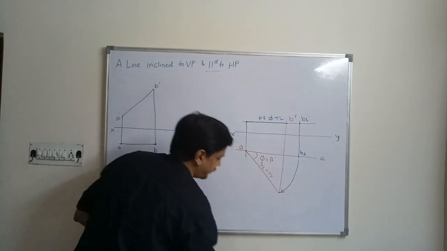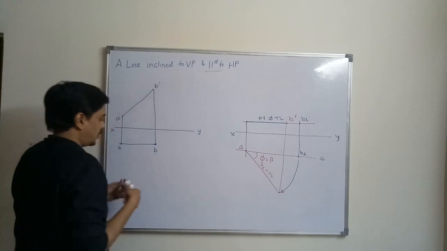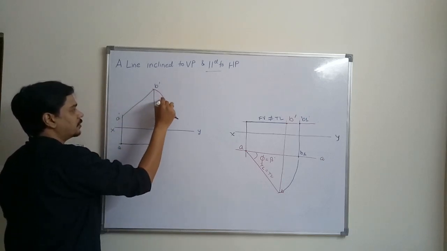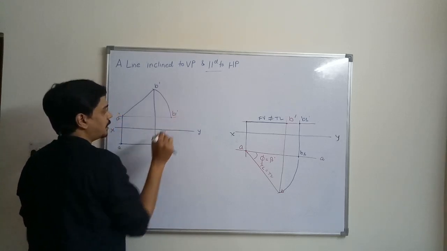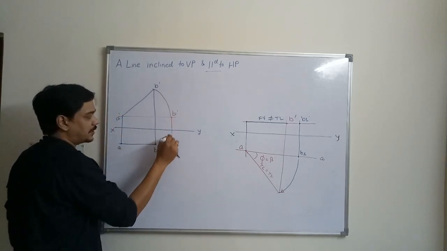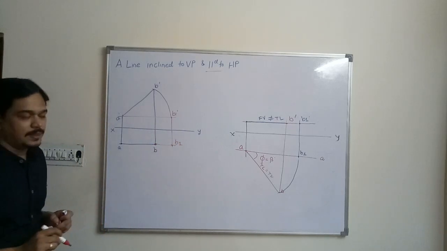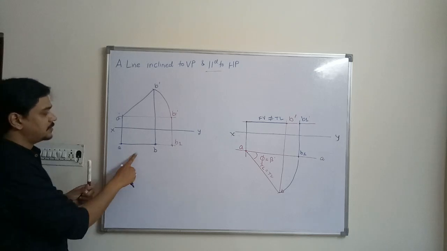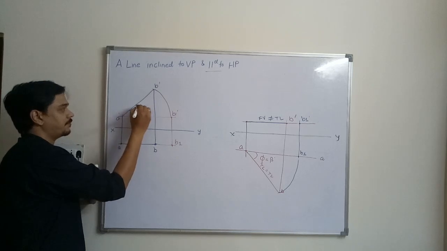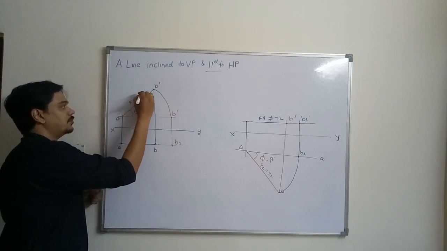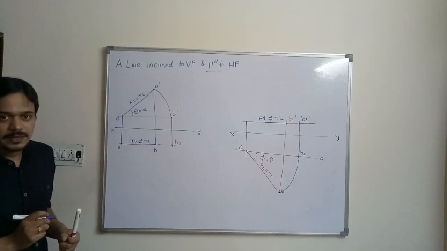And you have rotated this B dash point over here to obtain the position of B1 dash, and then you have projected this over here to get point B1. Now this was the case where line was inclined to HP, that is theta was equal to alpha, and front view length was equal to true length, and top view length was not equal to true length.